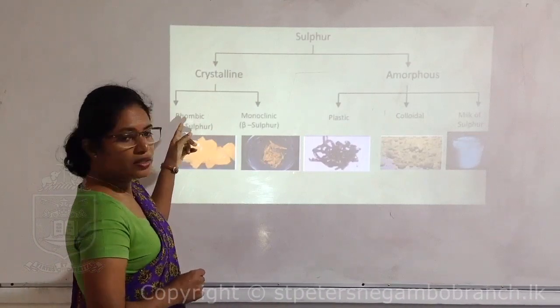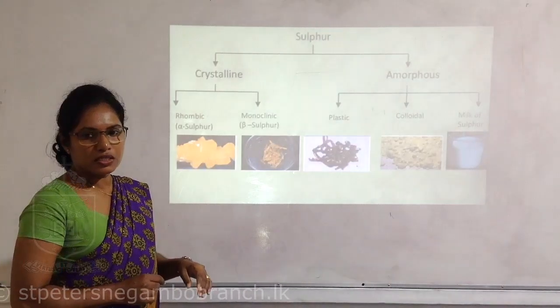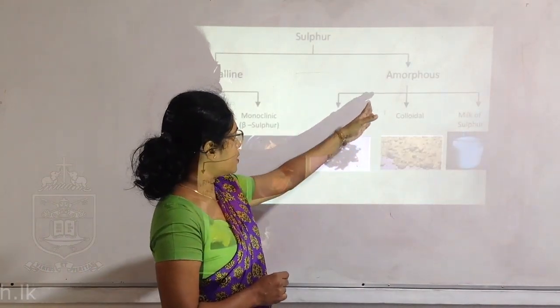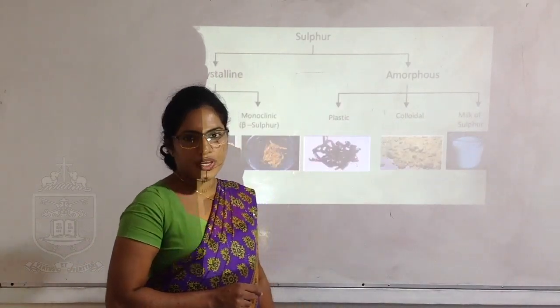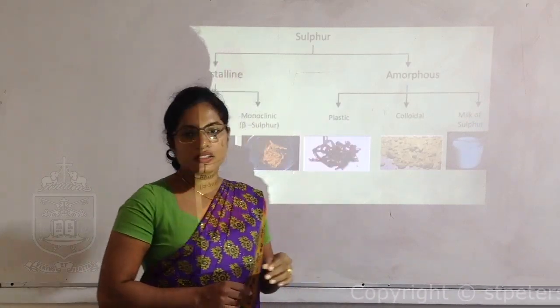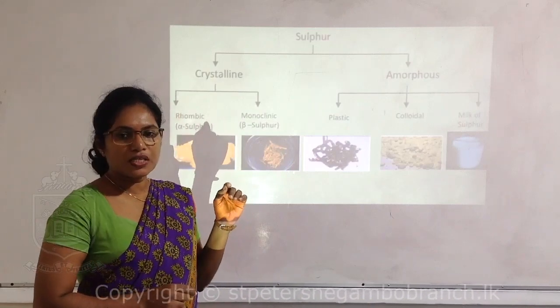We call them rhombic sulfur and monoclinic sulfur. And again, the amorphous form also exists in three types of allotropes: plastic, colloidal and milk sulfur. These are the allotropes of sulfur.